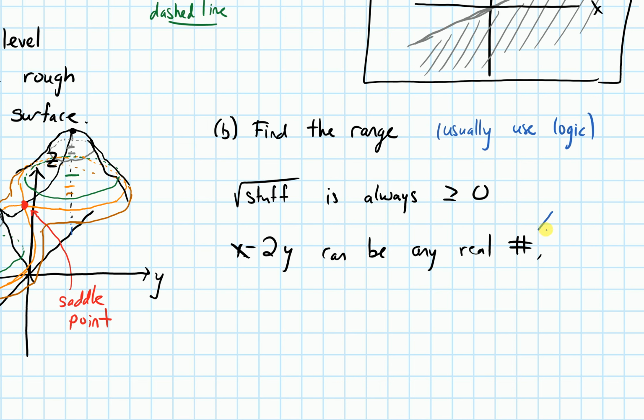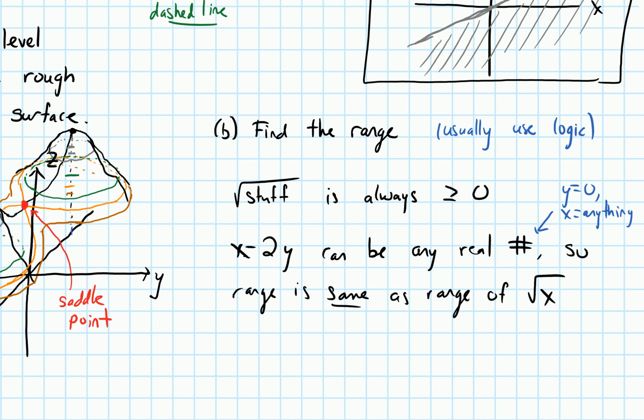If I set y equal to 0 and have x be anything, I can have x minus 2y be anything I want. As a result, the range is going to be the same as the range of just the square root of x.